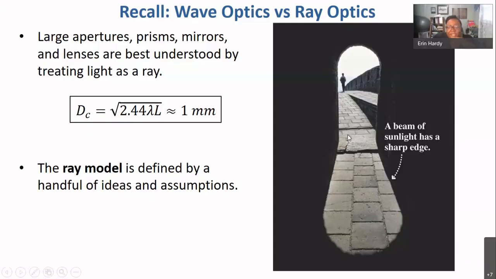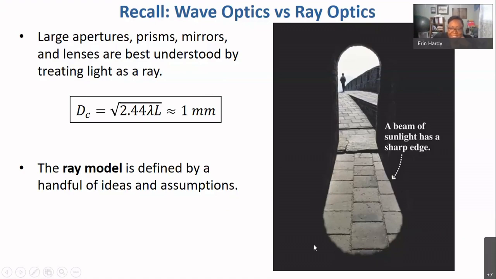So that combination means that you're going to see essentially no interference patterns when you look at the dark space that is being intruded on by this light that's coming from outside.